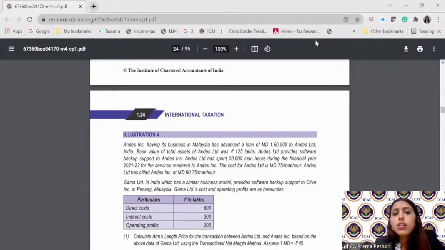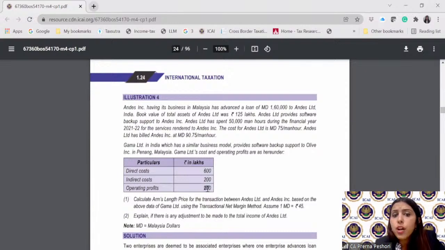Right? Here you directly have the operating profit given, which is 200, of this company Gamma Limited, right? So 200 is your operating profit. 200 divided by, here, what will be the base? It will be cost because the sale price is the tainted transaction. So we need to come from the cost to the sale price.